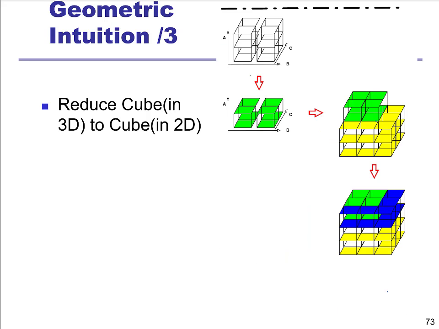We have this yellow part, and then we remove dimension A, or collapse the cube from 3D to 2D on dimension A. We get this green part, and apply again the reduction from 2D to 1D. We can have this blue part, and put them all together. We will have this cube, which is the answer that we need.